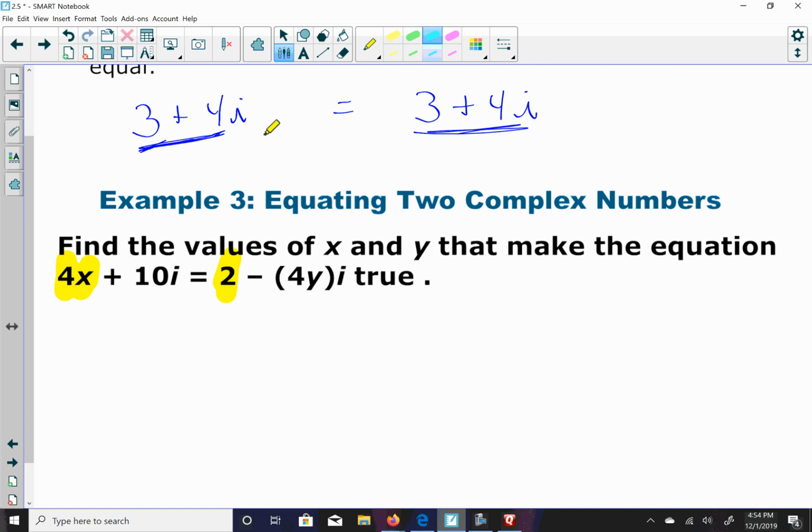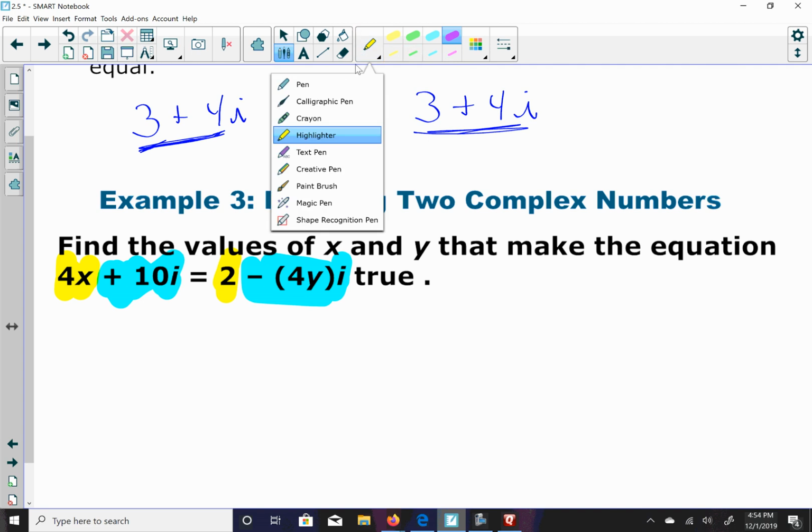The imaginary part would be this 10, the part that has the i would be 10i, and I want to make sure that I know that that's a positive 10i. And over here, it would be negative 4y times the part that's connected to that i. So see how they both have i?